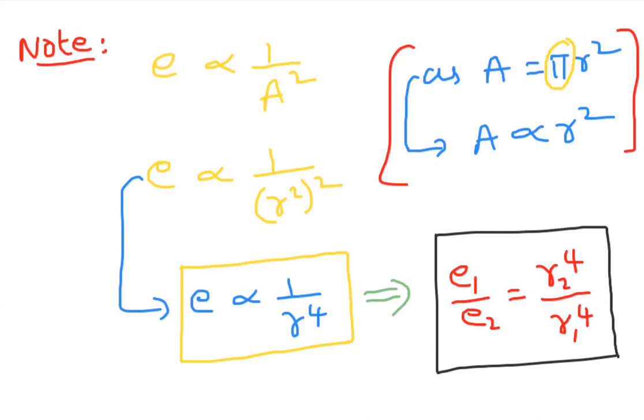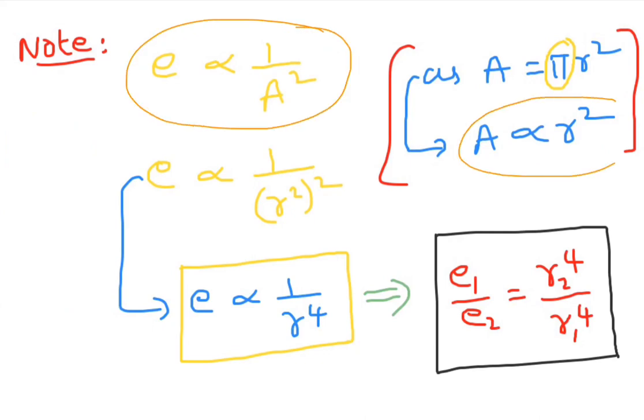Already we wrote here E is proportional to 1 by A square. Here we wrote A is proportional to r square. So now this A value, proportional to r square, I am going to put here. In the place of A, I put r square, again whole square, because A is r square.